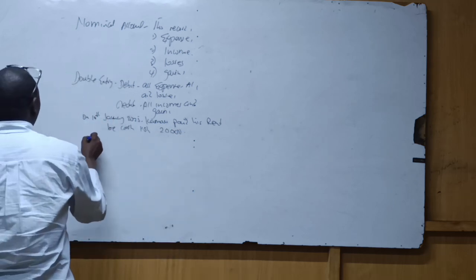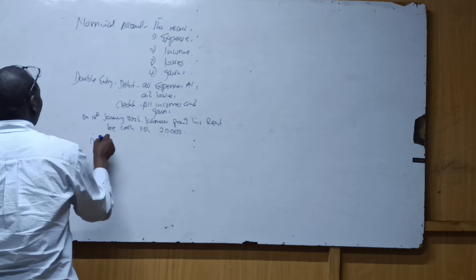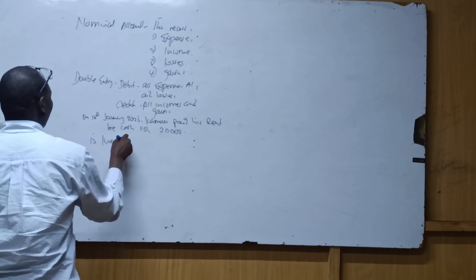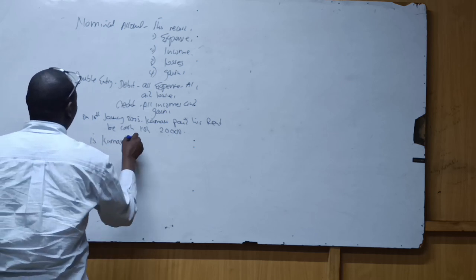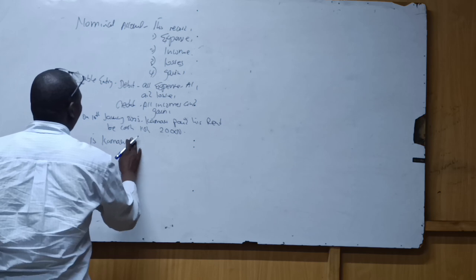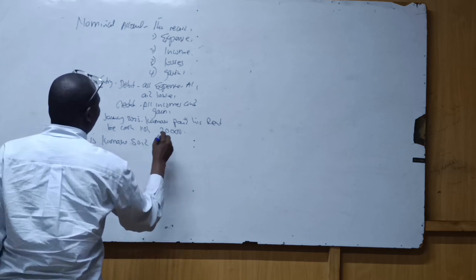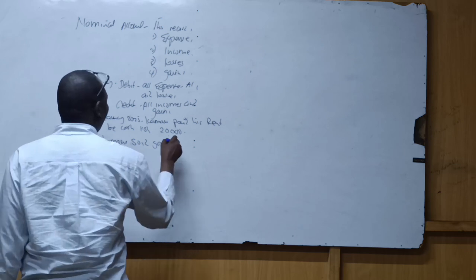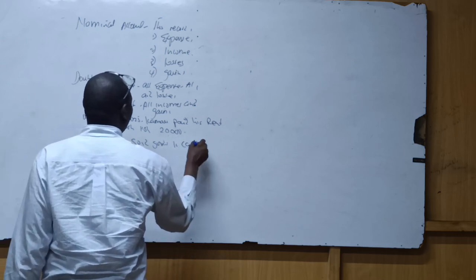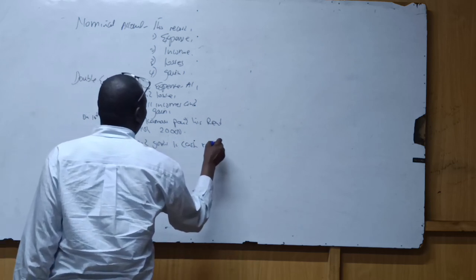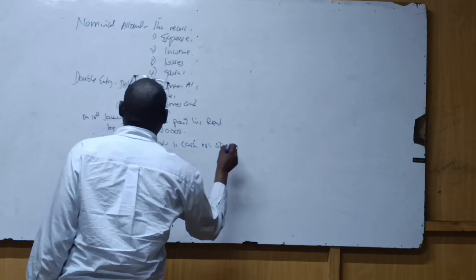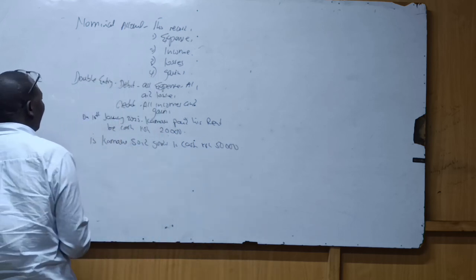And on 15th, Kamau sold goods in cash, Kenya shillings 50,000. So let's start with the first one.